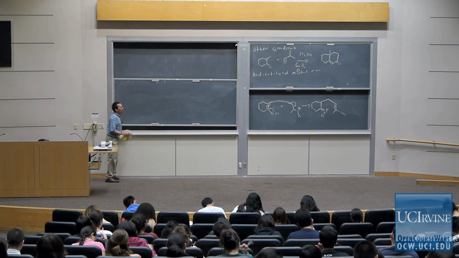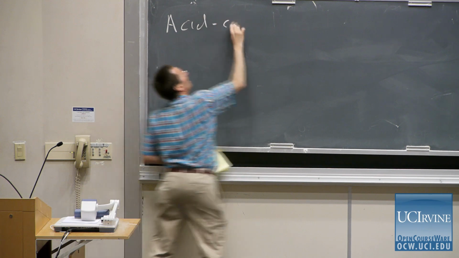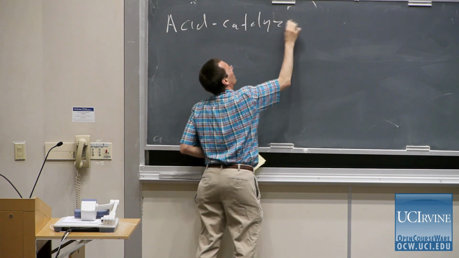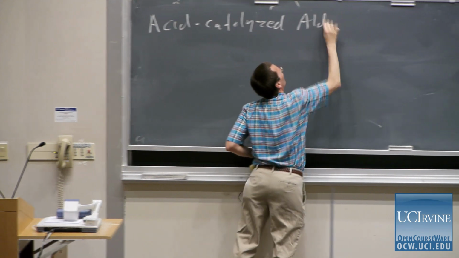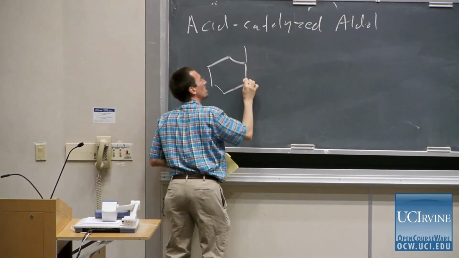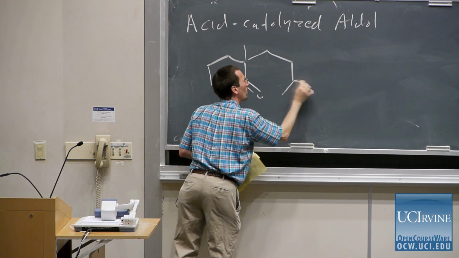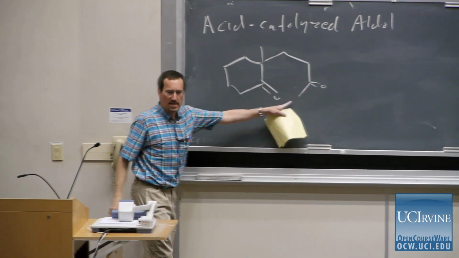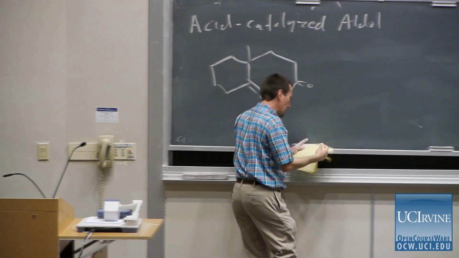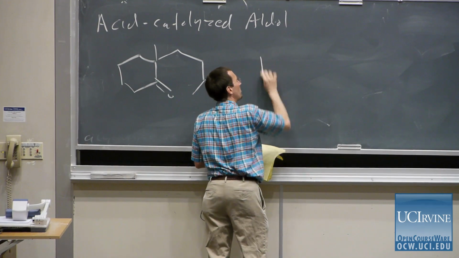You can have an aldol in an acid-catalyzed manifold. So just imagine tautomerizing the product that I had written over there before. So now imagine tautomerizing, imagine enolizing, and imagine protonating the carbonyl.